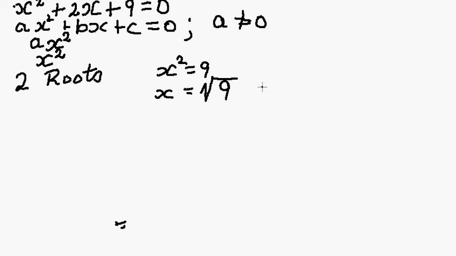Now, the square root of 9, as we know, is 3. But we also know that the square root of 9 can be minus 3, because when I multiply minus 3 by minus 3, I also get 9. That's why every quadratic equation will have two roots.